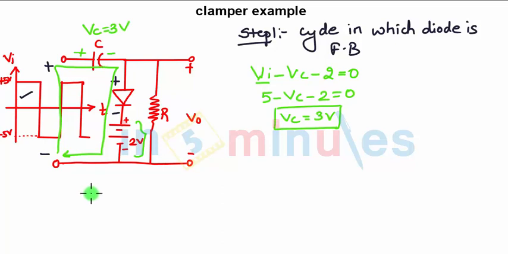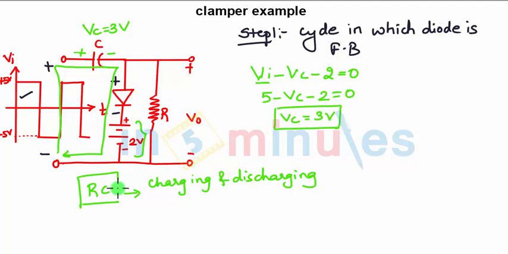Now there is something called the RC time constant. The charging and discharging of the capacitor is dependent on the RC time constant. The value in the clamper circuit is kept very high. Because of the very high value of the RC time constant, it doesn't allow the capacitor to discharge much.